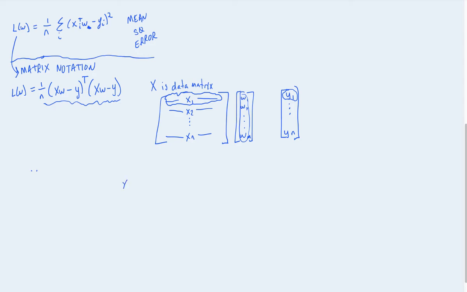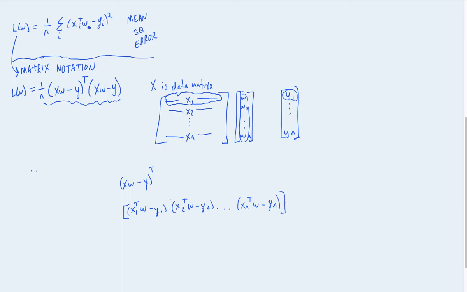So if we're going to write xw minus y, transposed, literally it's x1 transpose w minus y1, x2 transpose w minus y2, all the way to xn transpose w minus yn.